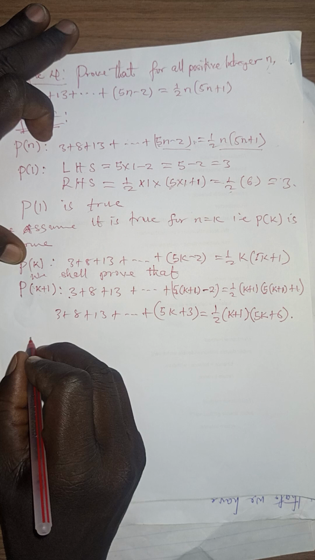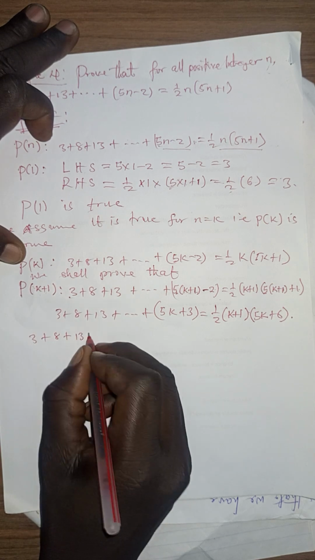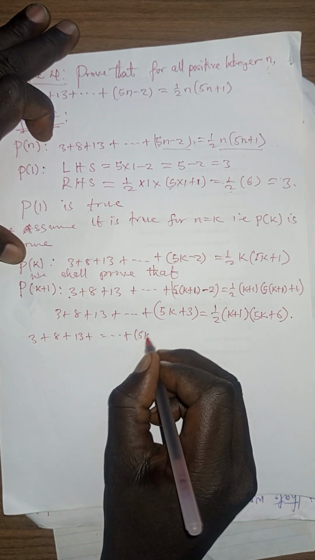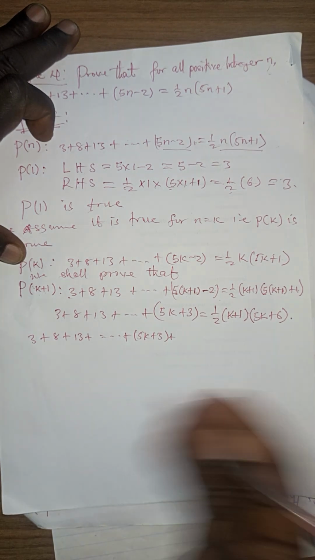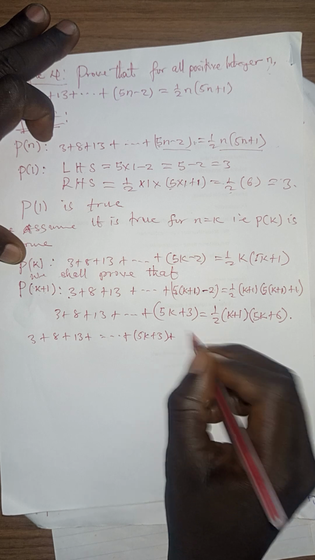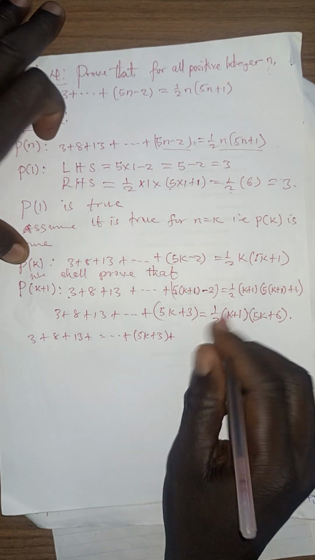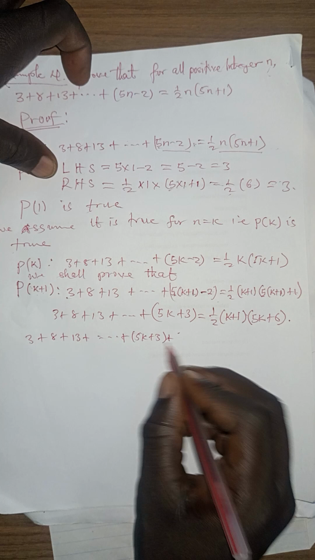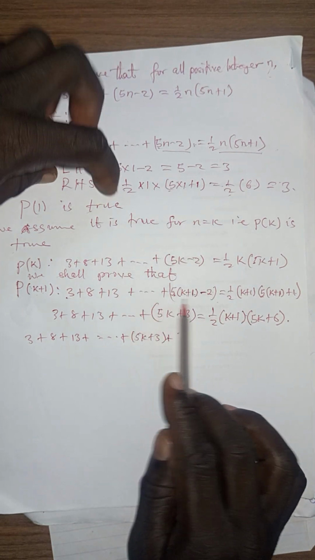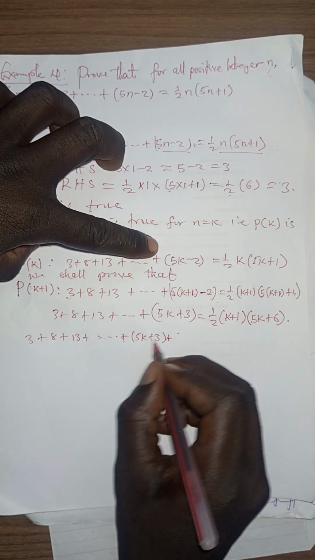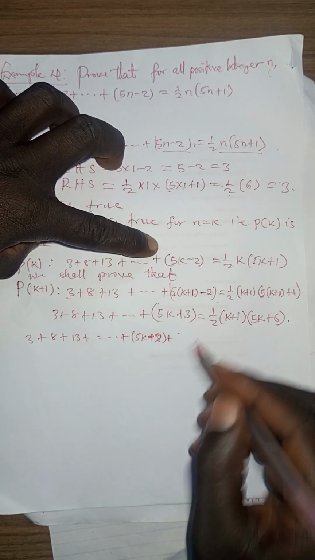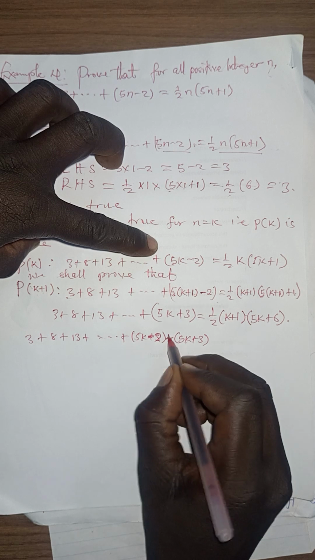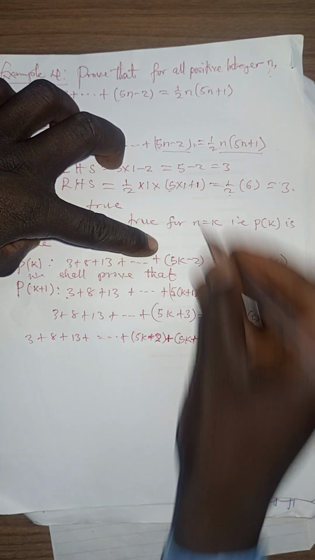So we have 3 plus 8 plus 13 plus up to 5k minus 2, and we are adding one more term, which is 5k plus 3 when n is equal to k plus 1. Of course, we know how we did this.